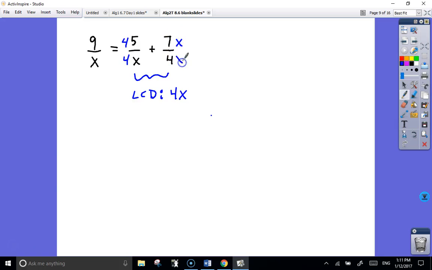X over x. Okay, so by doing that now, I've got 9 over x equals 7x plus 20 divided by 4x. Okay, now cross multiply.